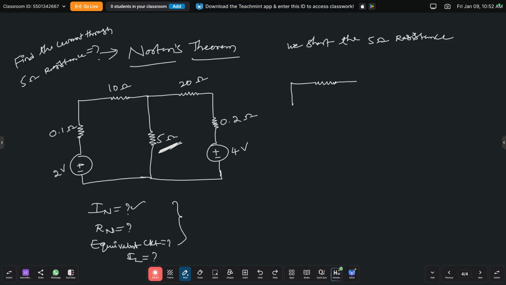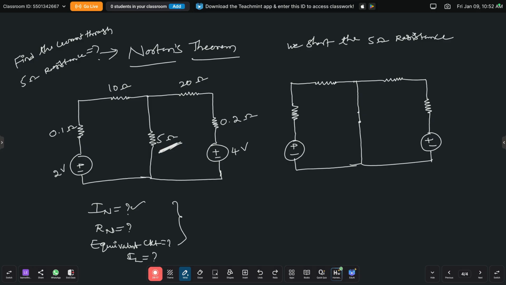The remaining circuit will be the same, you just redraw it. So this is 0.1 ohm, and here is the voltage source. This middle 5 ohm resistance should be short circuited. Again there is the 20 ohm resistance, and this is the 0.2 ohm resistance, and here one voltage source is there.